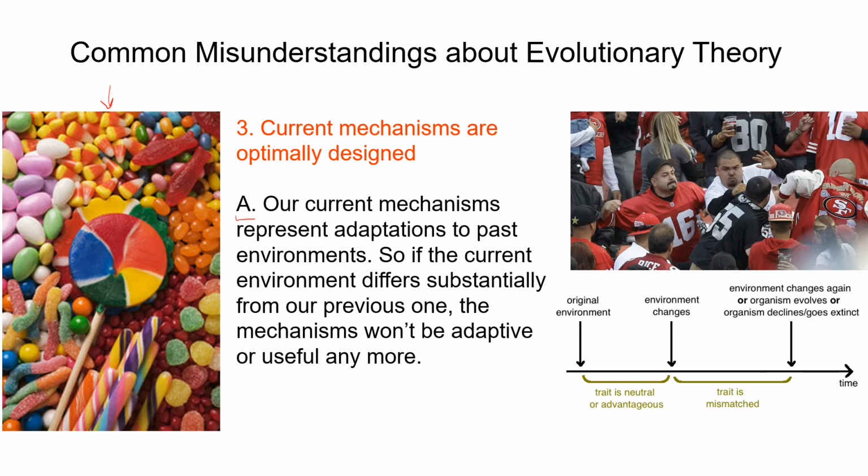However, we're in an environment now where you can go down to the corner store and get candy, and if we listen to this strong desire over and over again, we end up being obese, getting diabetes, ending up with adverse outcomes. So this environmental mismatch between when we evolved our desire for sugar and our modern environment where sugar is everywhere results in adverse adaptations.